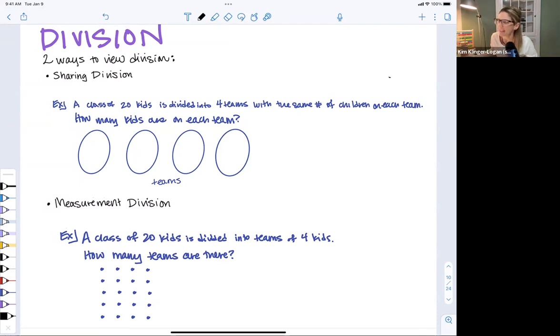There are two main views that your textbook presents when thinking about division.